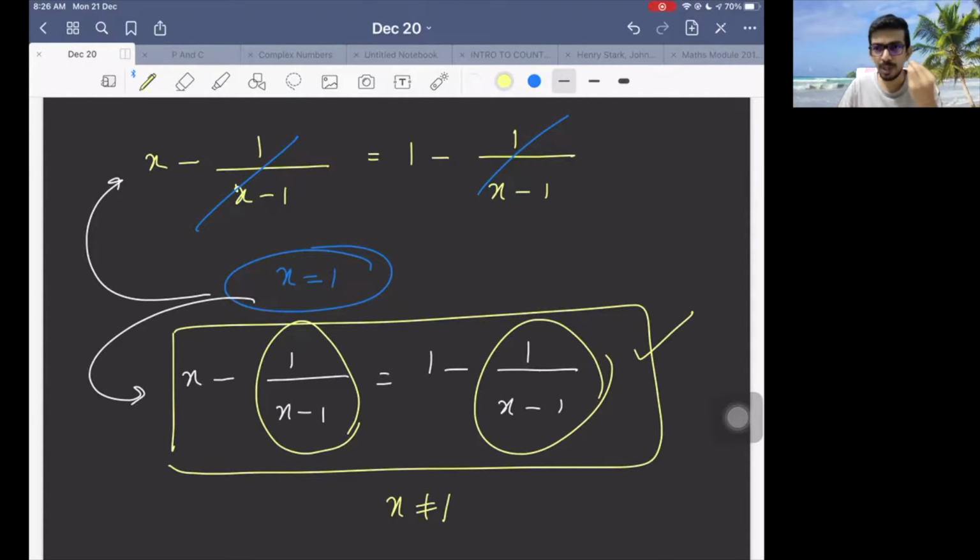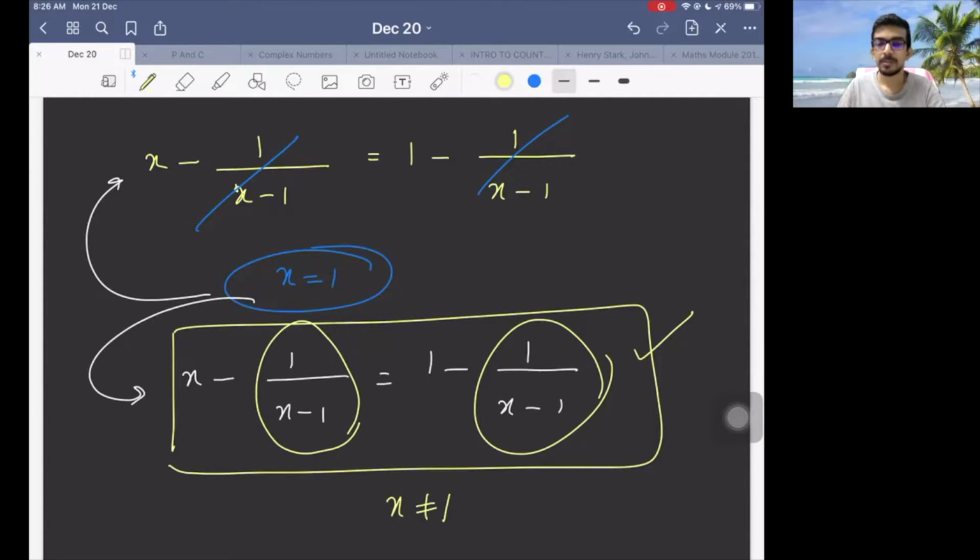So we'll do some 2 or 3 problems where we have to figure out when the expression becomes undefined. After that, we'll move on to the equations which can be converted to linear equations. Before actually solving some equations, I'm going to show you some examples in which you have to tell me when this expression becomes undefined.